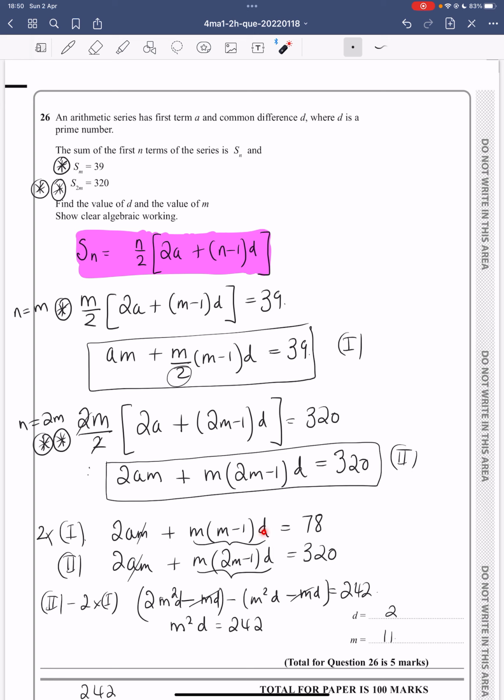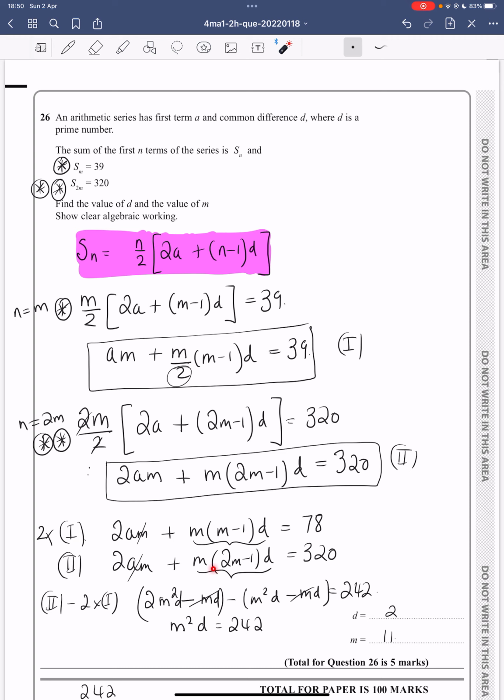So there's equation 1, but I've doubled it, so the 2am is the same in both. So it's 2am plus m(m minus 1)d, doubled, equals 78. And that one I've written the same underneath. Then I do equation 2, take away 2 times 1. So they cancel.